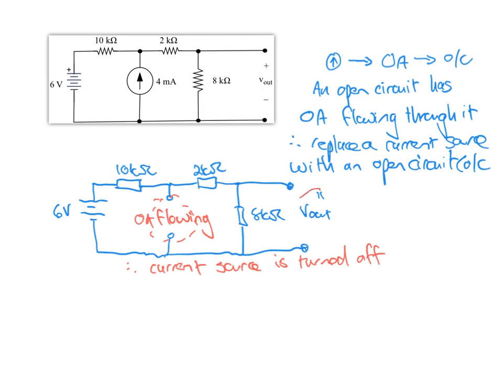And we use the notation V out double dashed because this is the part of V out that is contributed by the 6 volt source.